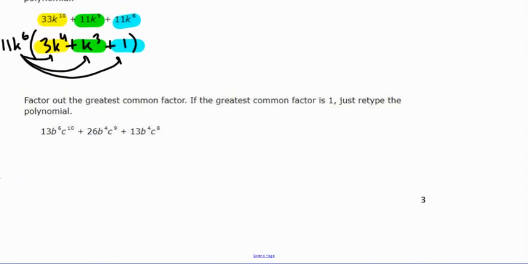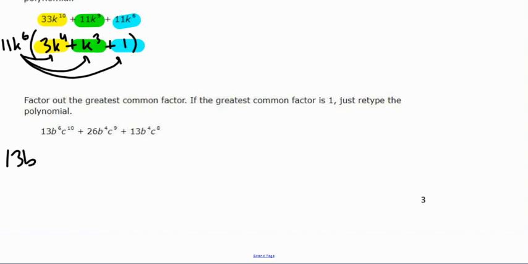This next one, factor out the greatest common factor of this polynomial here. So I have, for my coefficient, 13, 26, and 13. So I can factor out a 13. For my variable factor, I have b to the 6th, b to the 4th, and b to the 4th.